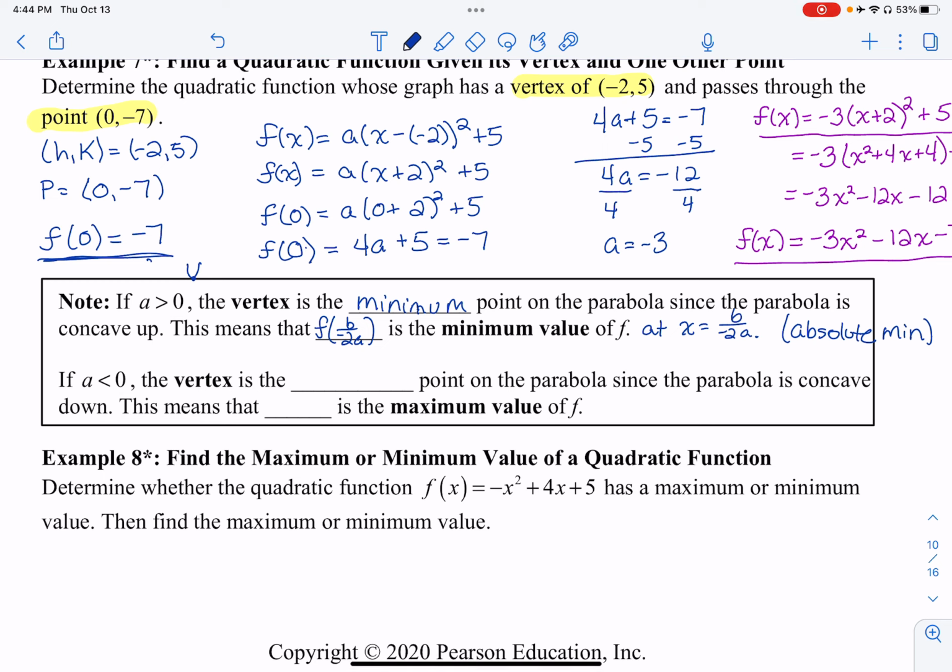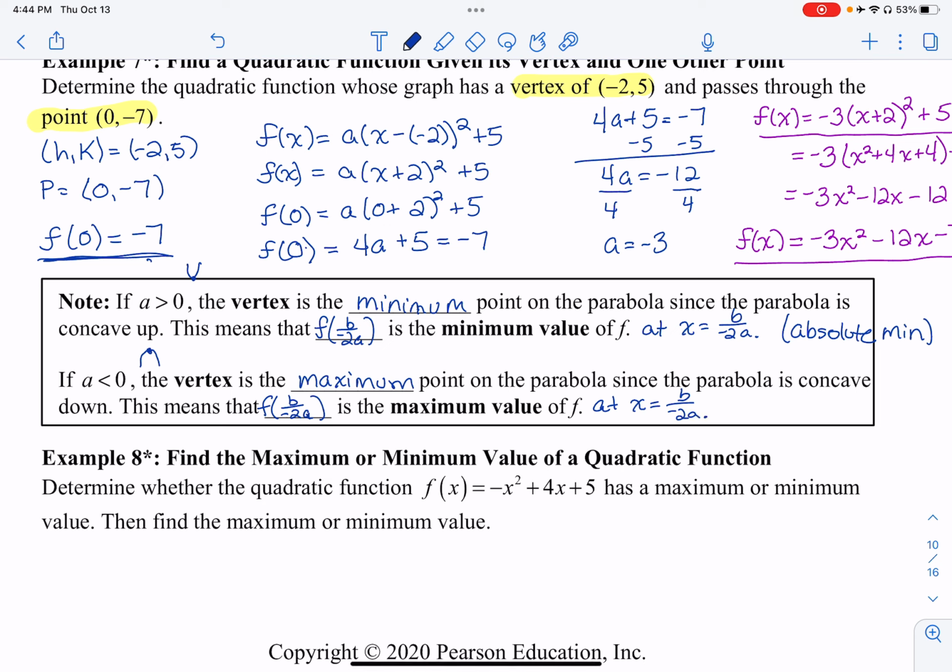If a is less than 0, remember we're concave down, so our vertex is here. So the vertex is the maximum point on the parabola, and that means that f(−b/2a) is going to be the maximum value of f, and again, that's at x = −b/2a.